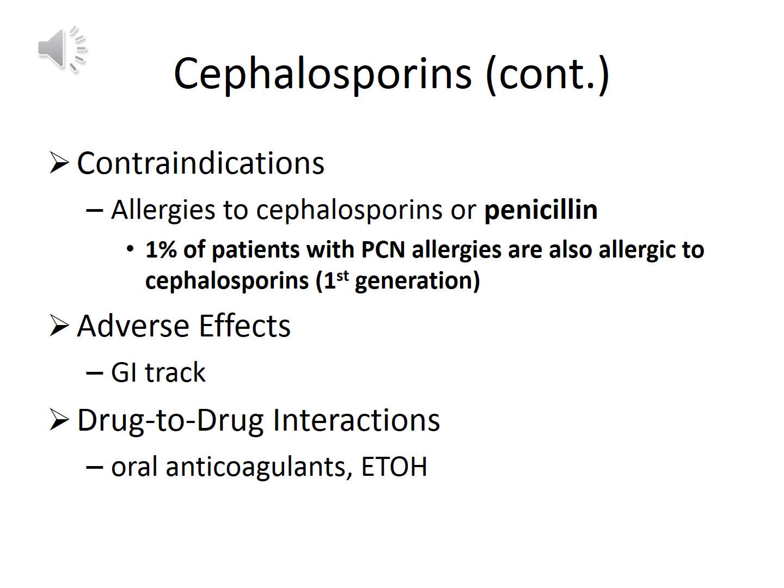Subsequently, we've learned that it's not quite that prevalent, and so really the evidence at this point shows that about 1% of patients with penicillin allergies are also allergic to cephalosporins. So it's just something to be aware of. It's not as common as we used to think it is, but it is out there at this point.